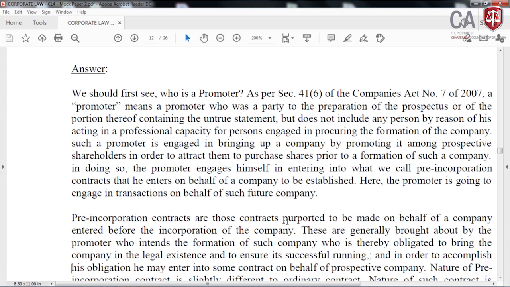So, he prepares the prospectus or the portion thereof containing the untrue statement, because there is no existence of the company.